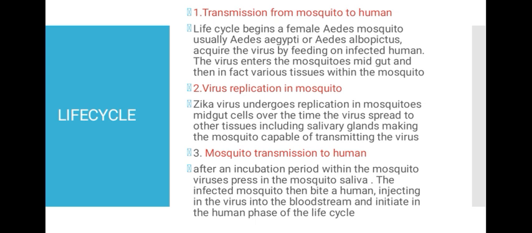Zika virus undergoes replication in the mosquito's midgut cells. Over time, the virus spreads to other tissues, including salivary glands, making the mosquito capable of transmitting the virus. Mosquito transmission to human: after an incubation period within the mosquito, the virus spreads in the mosquito saliva. The infected mosquito then bites the human, injecting the virus into the bloodstream and initiating the human phase of the life cycle.